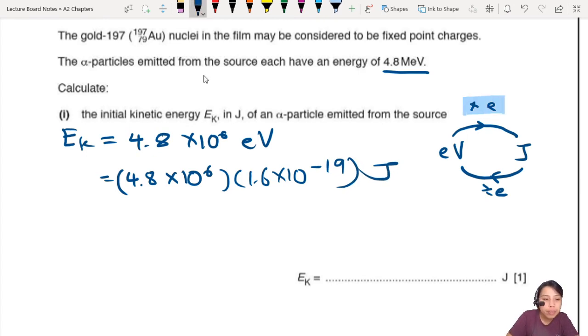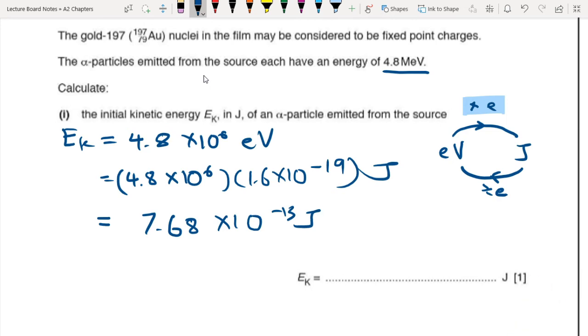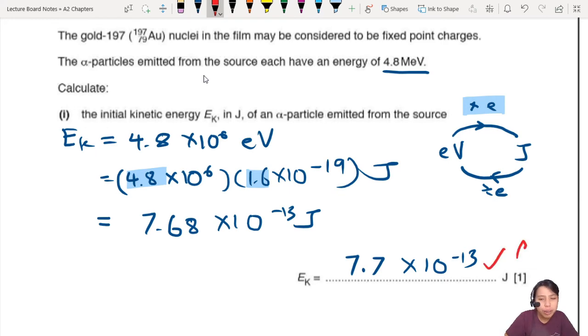Okay, we're going to do that. So you should get a value of about 7.68 times 10 to the negative 13 joules. Final answer, I guess I could round off to 2 SF if I want to, because everything's minimum is 2 SF. So sure, okay, I'll do that. But I'll save my 7.68 for a later calculation, because it's just more accurate lah. Okay, 1 mark, final answer, correct lah.